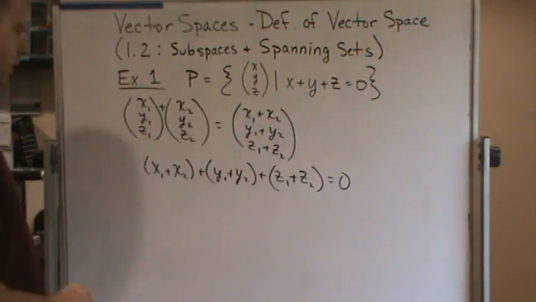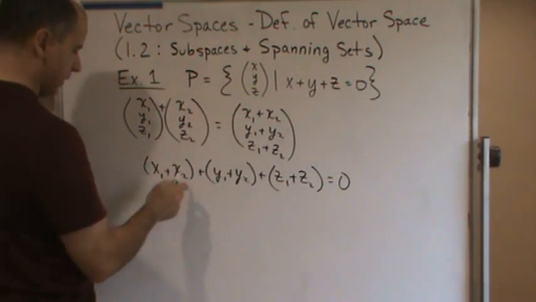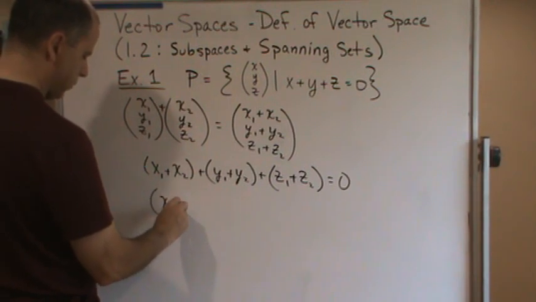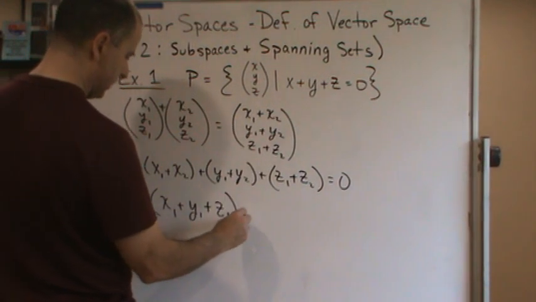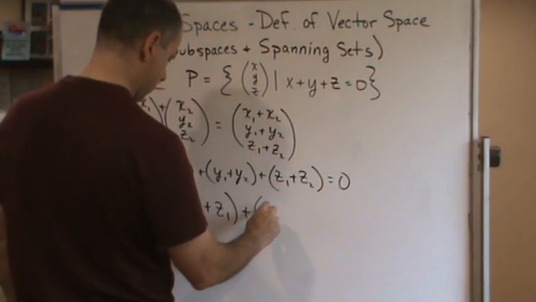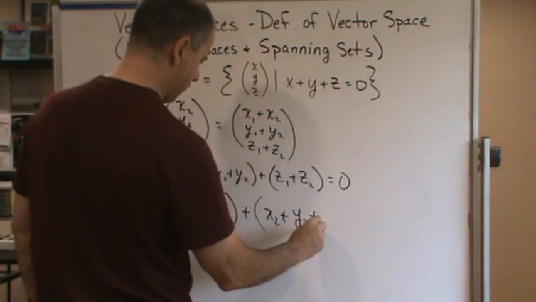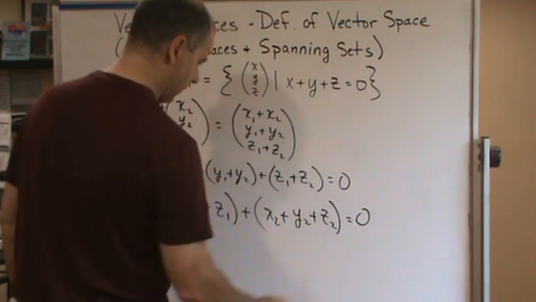equals 0, right? Well, if we just use the commutative property and move things around, we get x1 plus y1 plus z1 plus x2 plus y2 plus z2 equals 0.